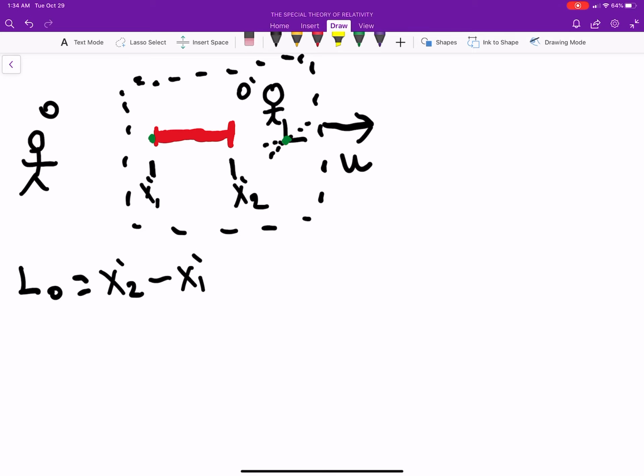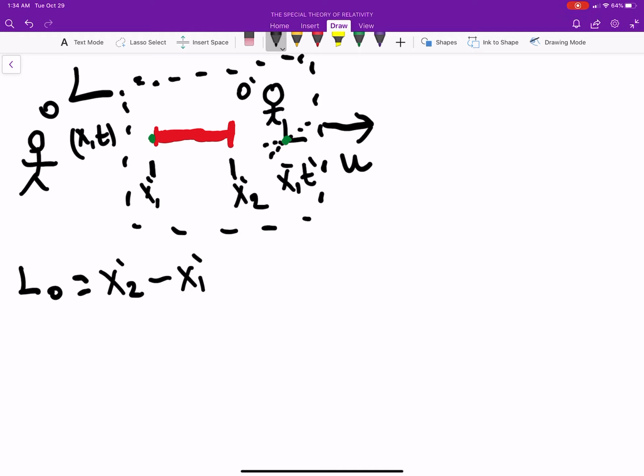Well, he's going to have a different coordinate system, and we'll call that x comma t, and over here it'll be x prime, t prime. So the x position and the time.